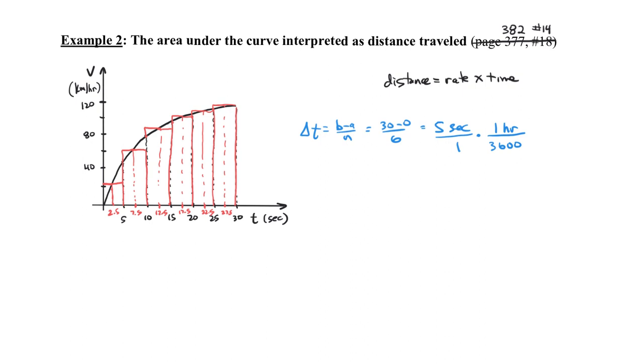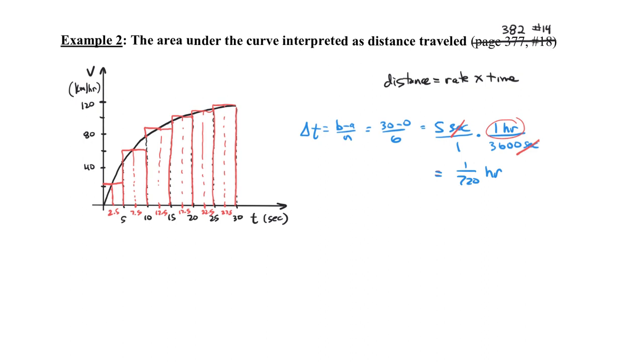If we multiply these together, the seconds will cancel and we're left with hours: 5 over 3,600, which equals 1 over 720 hours. So each of these gaps, which is 5 seconds, is also 1/720th of an hour.